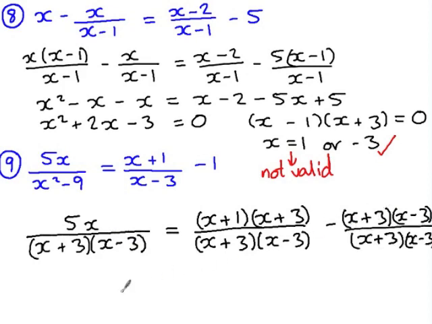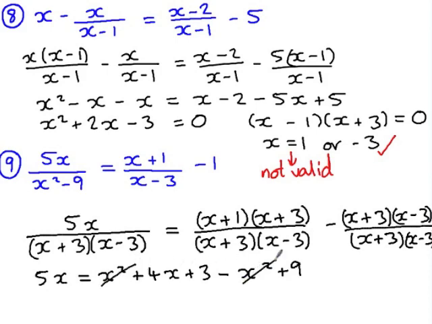So now I'll equate the numerators and expand the brackets, and just again be careful because it's subtract here, so that's plus 9. So actually the x squareds cancel and we're left with a linear expression. So I'll subtract 4x from both sides, and x is 12 is our only solution here.